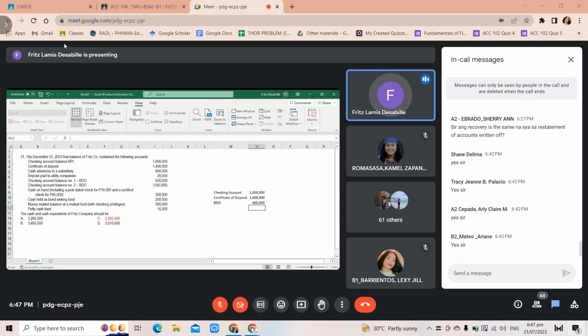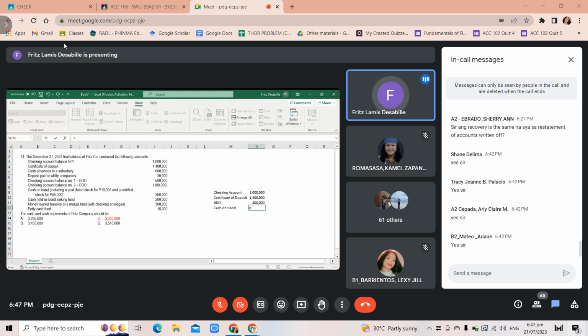Cash on hand, actually, sorry, ang certified check should be included still. So 250 cash on hand should be, diba? Ay, correct. Sorry guys ha. Certified check is not deducted to cash, no, because it's still a certified check.